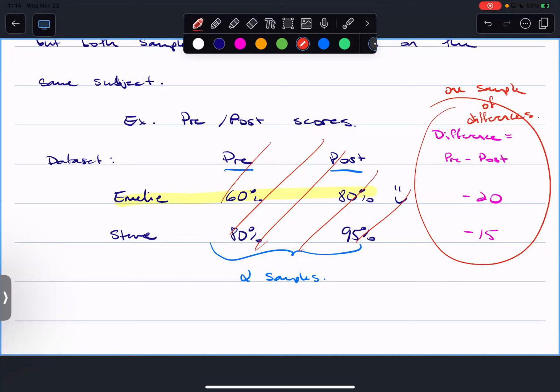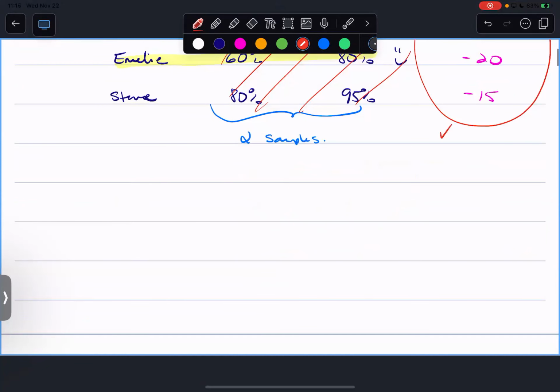Which means that now you're back to a one sample means question, right? And so this brings us back. So now this is a one sample mean type of question about the differences.